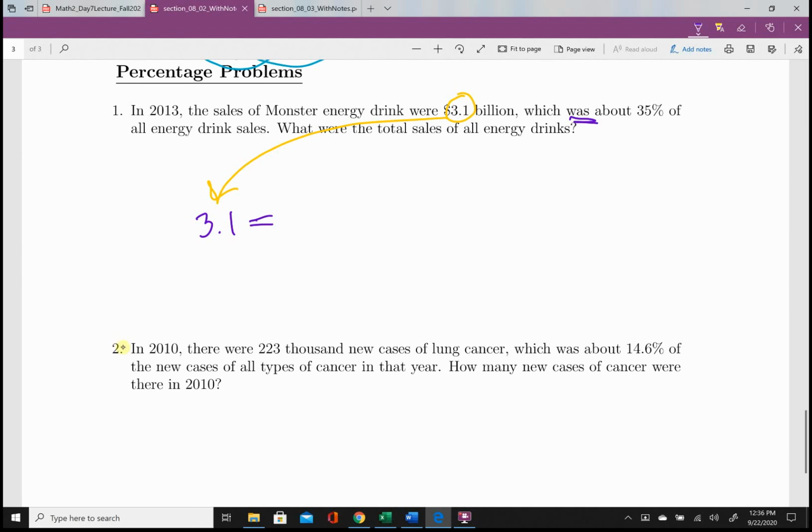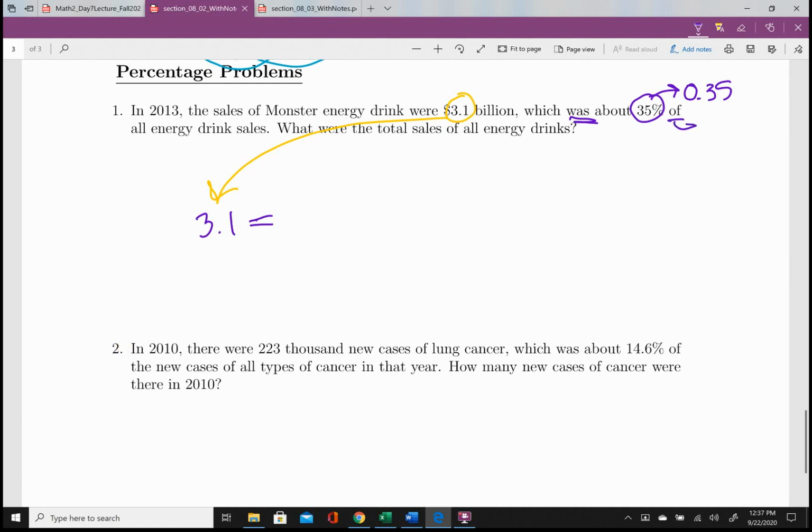So this 3.1 billion, we're going to leave it in terms of billions of dollars just so it's easier to work with. Was about 35%. What's 35% as a decimal? Because we need to turn that percentage into a workable form. So decimal form would be good there. Move the decimal place over 2 spots to the left and throw out the percentage sign. That's the conversion that we need.